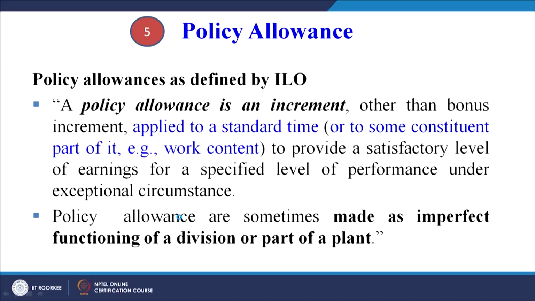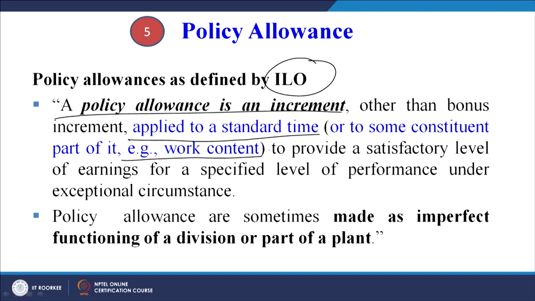Then there is a policy allowance, which may be a kind of agreement between the trade unions and the management or the administration. The policy allowance, as defined by the ILO, is given here. A policy allowance is an increment, other than the bonus increment, applied to the standard time, or to some constituent part of it, that is the work content.